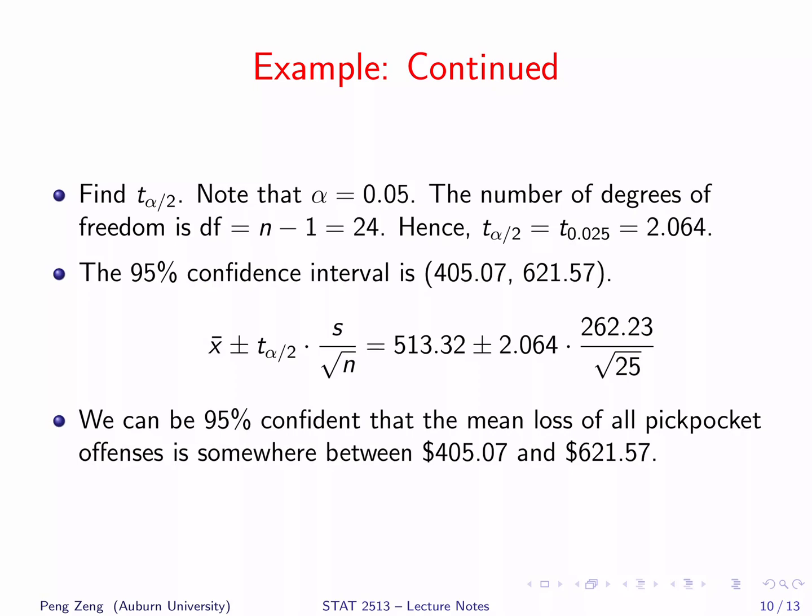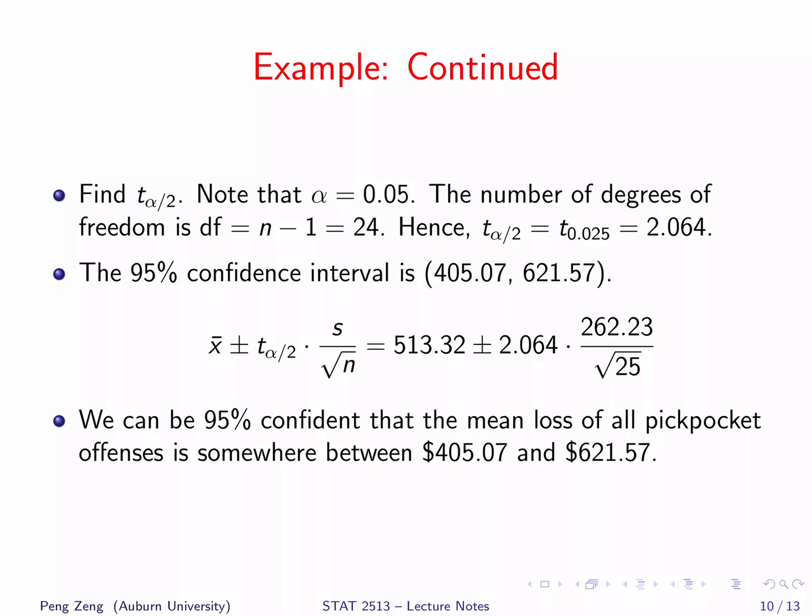For a 95% confidence interval, alpha equals 0.05. The number of degrees of freedom is n minus 1 equals 24. Therefore, t alpha over 2 equals t 0.025 equals 2.064. The 95% confidence interval is therefore x bar plus or minus t alpha over 2 times s over square root n.